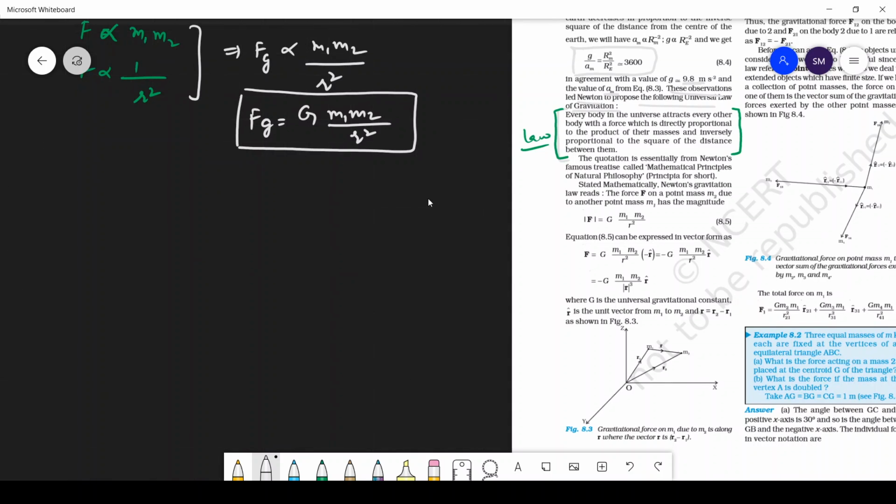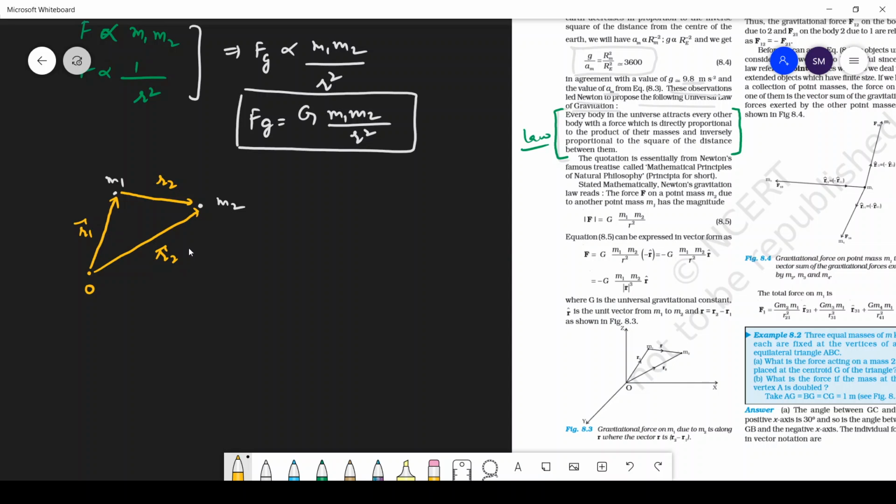Now how to express it in vector form? Look here, students, these are the two masses, m1 and m2. This is my origin, this is the position vector r1, and this is the position vector of m2, r2. Here I am reaching m2 from the origin, so I need not write the origin.